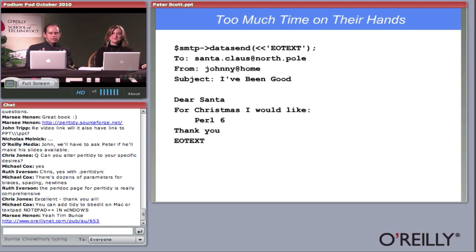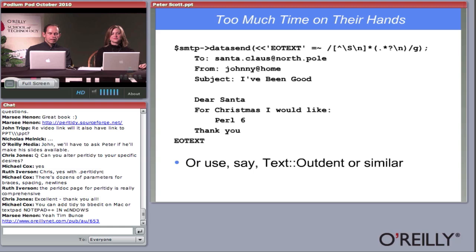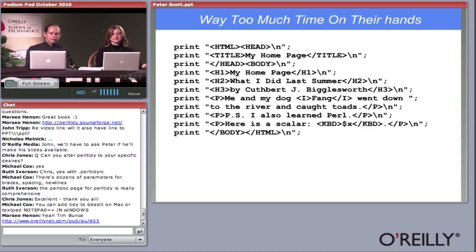And so isn't it better if you've got a string to make it look like a string and not be surrounded by this code? If you want, you can even indent it with a little bit of extra effort and some more code up there. Or there are modules that will let you indent it, like Text::Outdent.